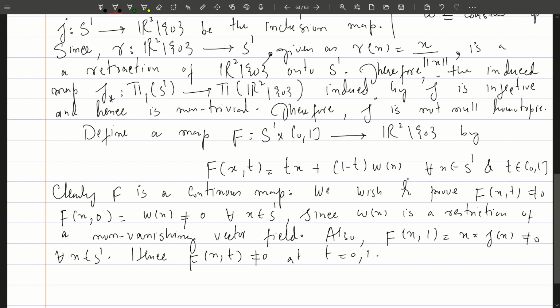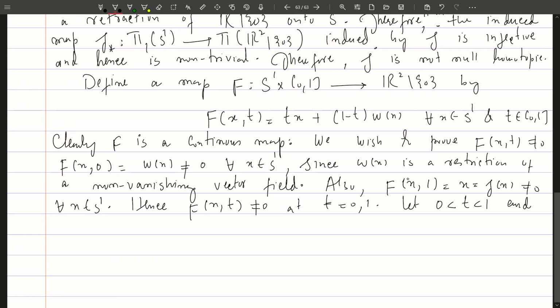Now let us check what will happen to f when we choose this t to be a point between 0 and 1. So let t be a point between 0 and 1, and suppose f of x,t is 0. If f of x,t is 0, it means this expression over here is 0.